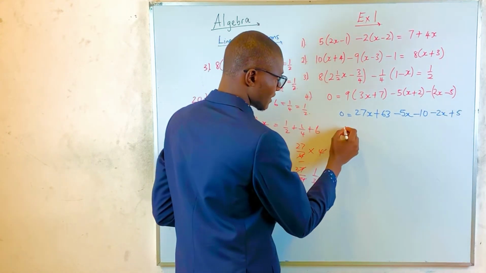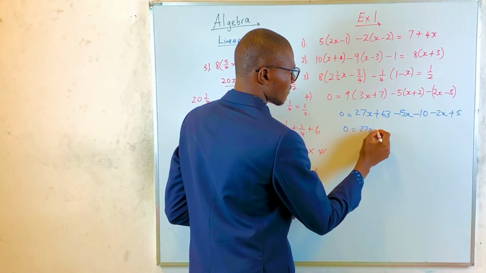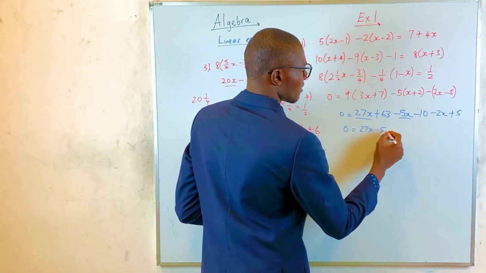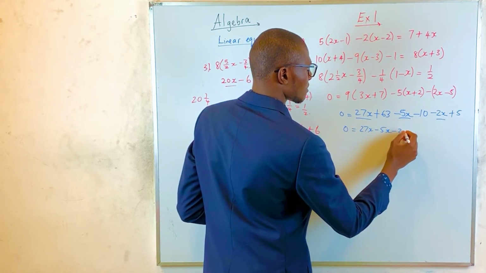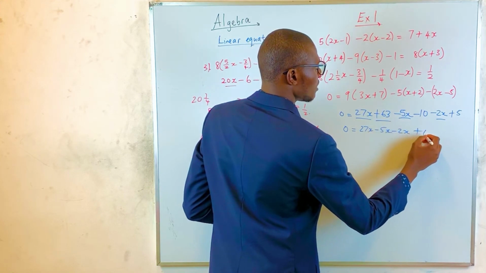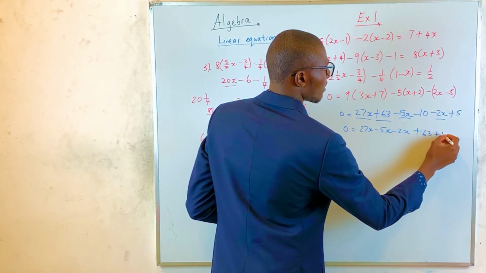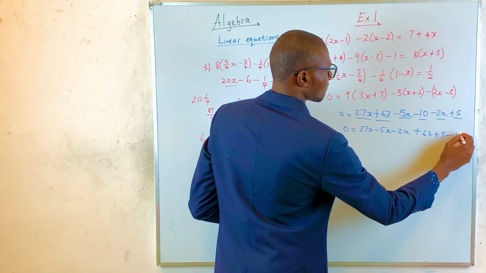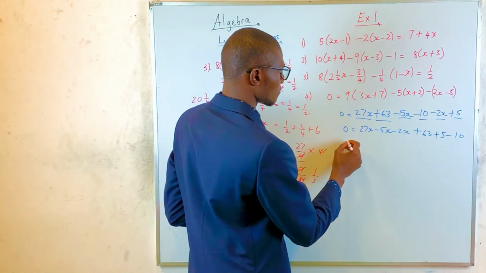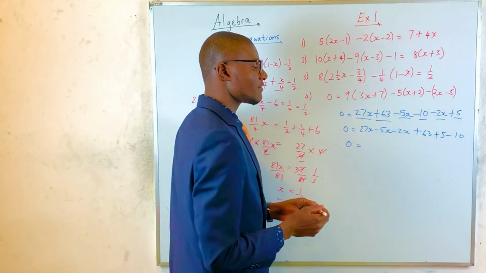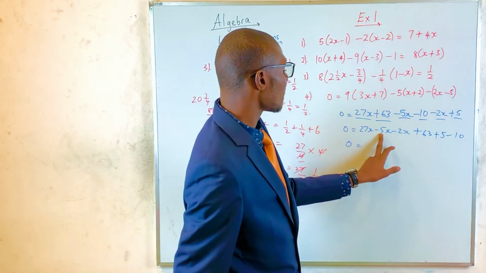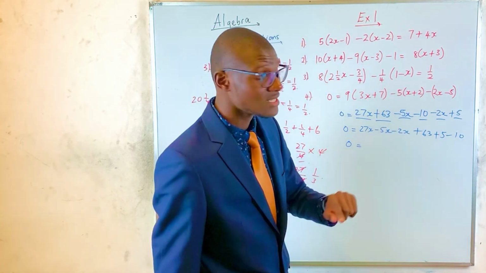So now if we group like terms, we're saying 0 is equal to 27x minus 5x minus 2x, then plus 63 plus 5, then minus 10, like that. So now 0 is equal to 27x minus 5x minus 2x. Minus 5x minus 2x is equal to minus 7x.